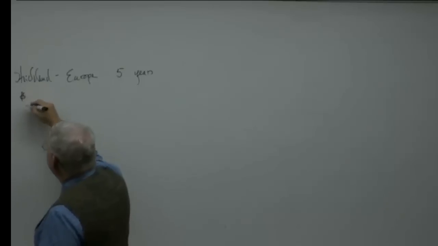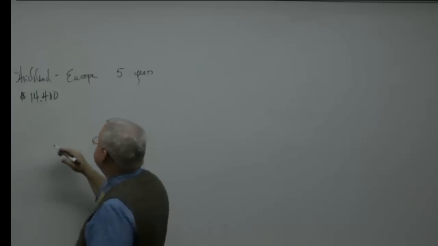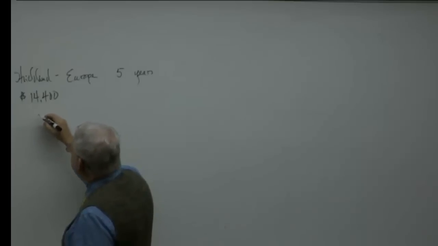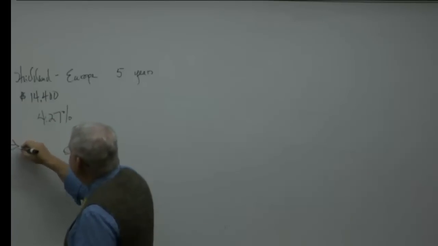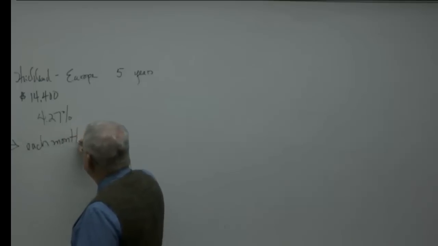He thinks he needs $14,400 to do that. He thinks he can put his money into an investment that will pay him 4.27%. How much money does he need to save each month to do that?